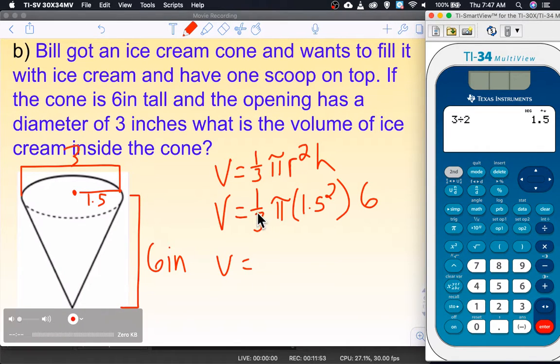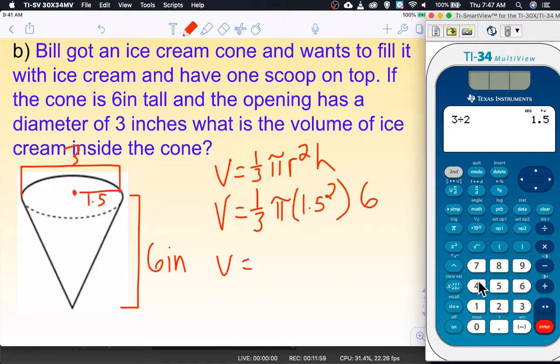Now, this is all multiplication. 1/3 times this, times this, times this. I could actually just type this whole thing in as long as you do it accurately. 1/3 times pi times 1.5 squared.